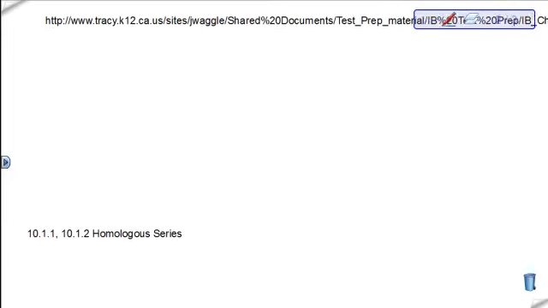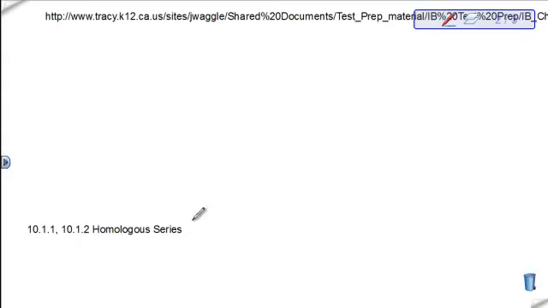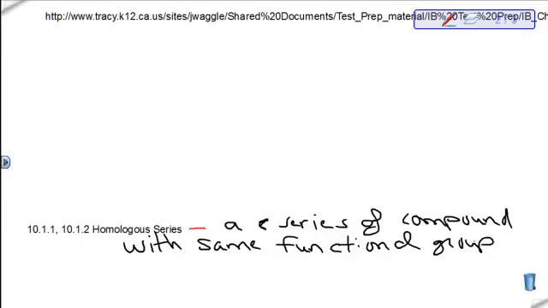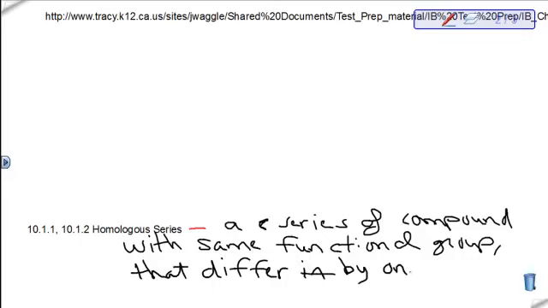With a homologous series, you have to understand, first of all, what it is. A homologous series, by definition, is a series of compounds with the same functional group that differ by one CH2 group.